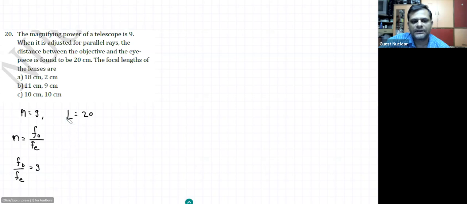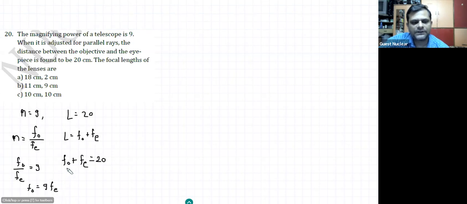And at the same time, L is equal to क्या होता है? L actually happens to be FO plus FE in case of telescope. याद रखो. तो इसलिए यहाँ पे FO plus FE का value हमको actually 20 मिल रहा है. So FO is actually going to be 9 times of FE, right?